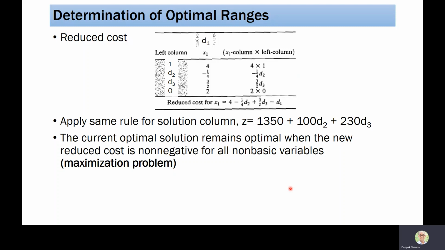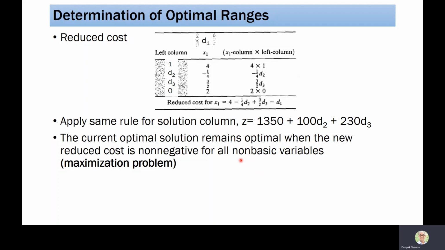Now the current optimal solution remains optimal when the new reduced cost is non-negative for all non-basic variables. And that is what we discussed earlier. If it is non-negative, either it can be 0 or it can be positive. So the X1 variable cannot enter into the table; it will never be the entering non-basic variable.